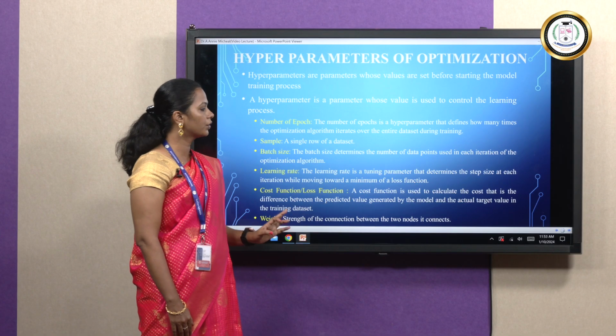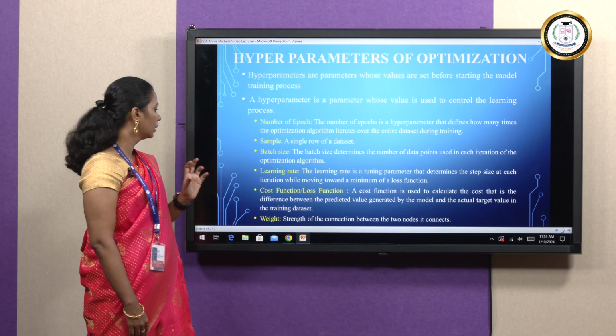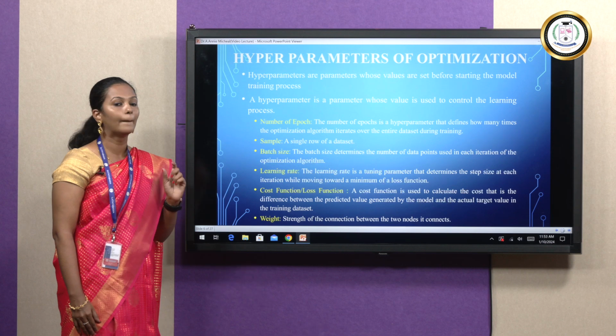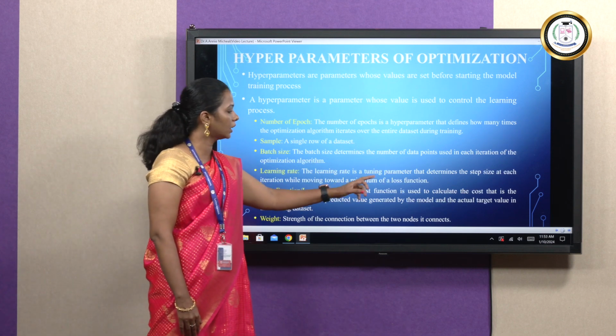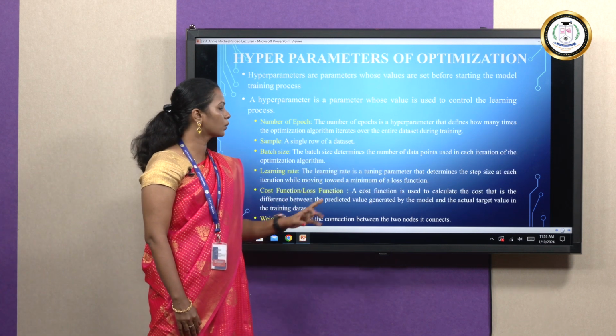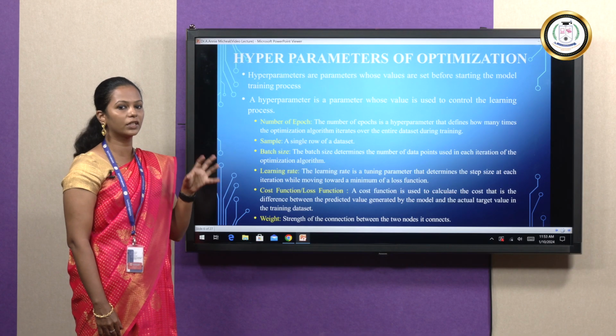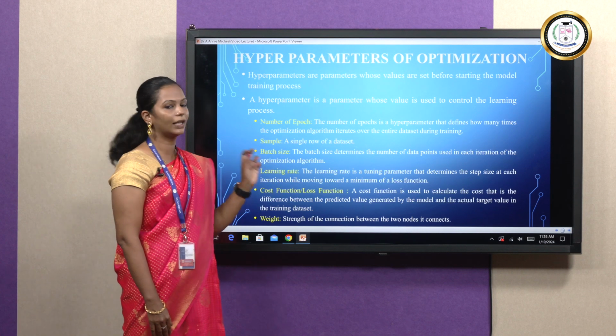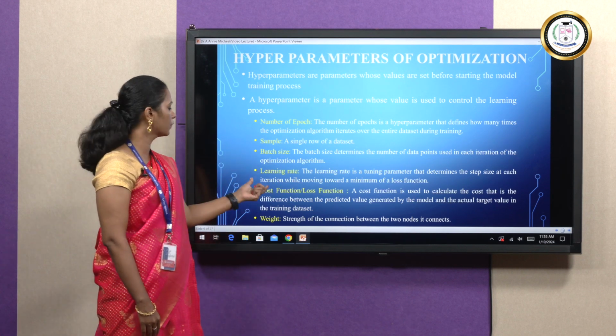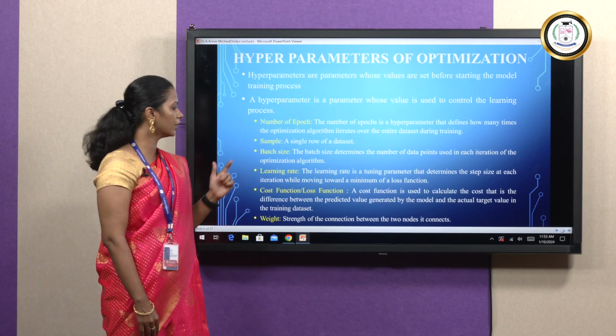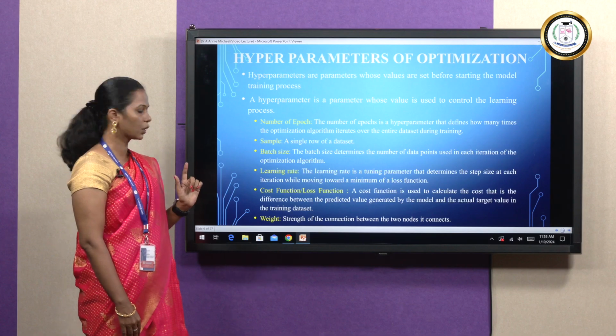Cost function is used to calculate the cost, that is the difference between the predicted value which is generated by the model and the actual value from the training data set. Suppose your actual value is 50 and your predicted value is 54, then your cost function will be 4, the difference between the predicted and the actual value.